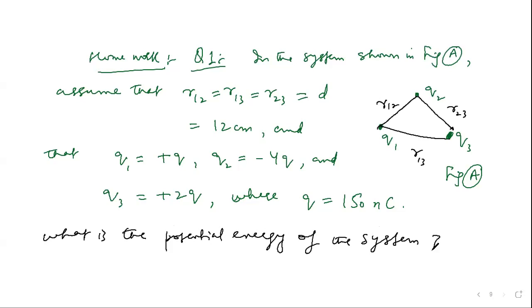It's very simple. Q1 is plus Q, Q2 is minus 4Q, and Q3 is plus 2Q, while Q is 150 nanocoulomb. You must be knowing 1 nanocoulomb is 10 raised power minus 9 coulomb, not 19.